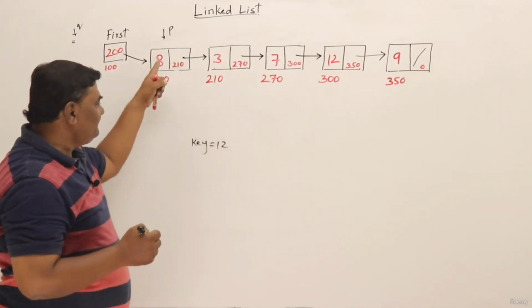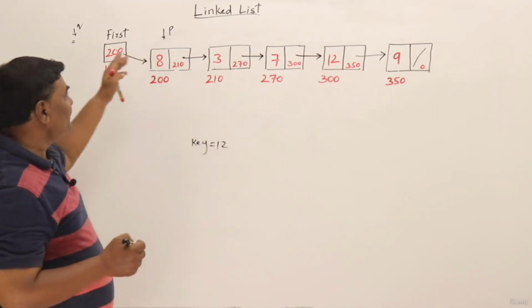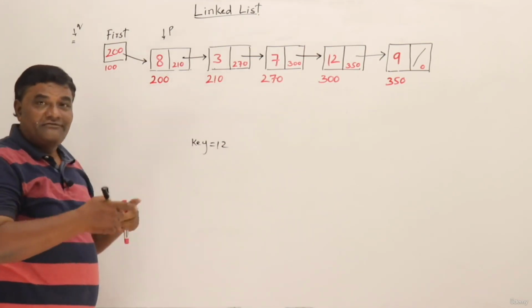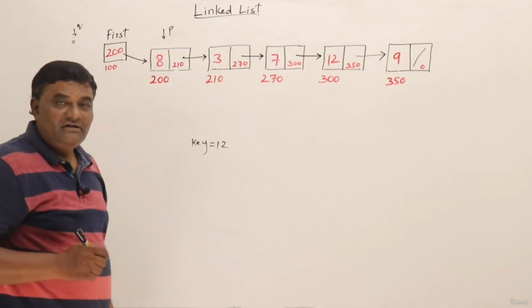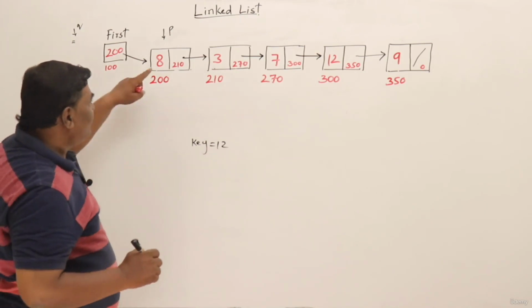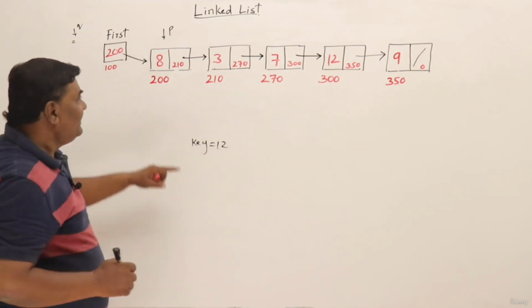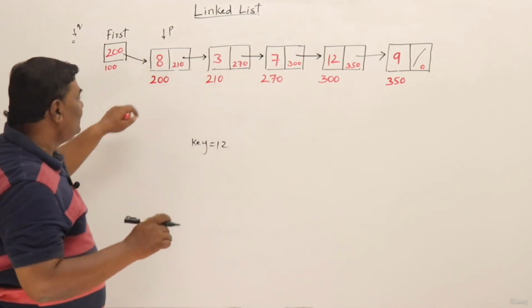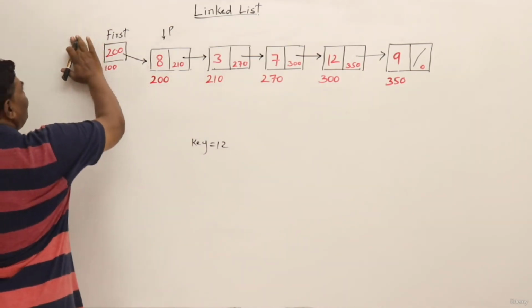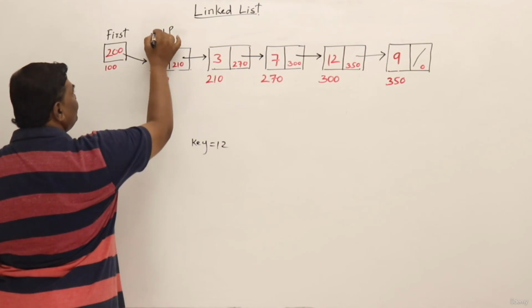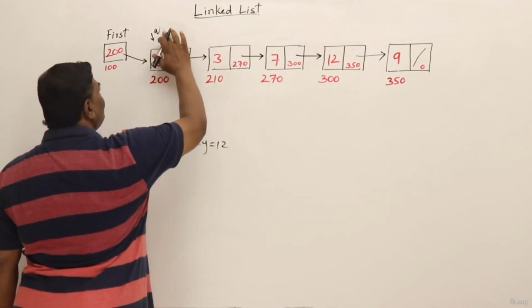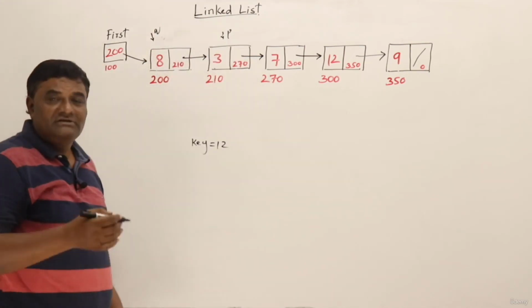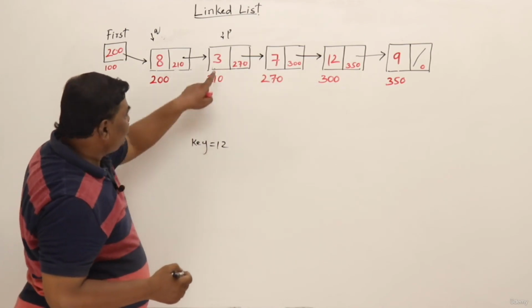So let us search using P for a key 12, and also let Q pointer follow P pointer. So first step. So let us see the steps. First, check P's data, is it matching with the key? No. So if it is not matching, then move Q here upon this node and move P to next node. Then again search, is it matching?